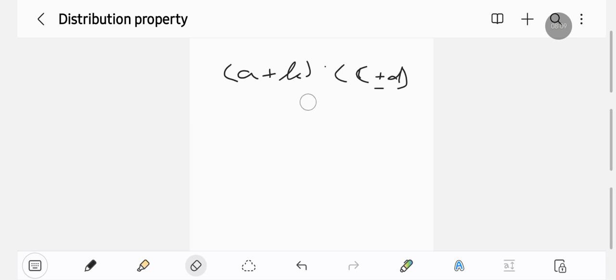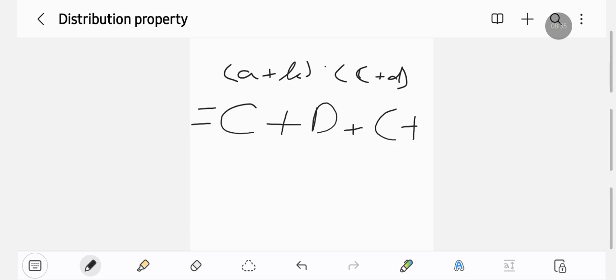Now when you have such c plus d, in this state we know multiplication is just repeated addition, and we know a plus b is representing how many times it should be added, and c plus d is the number that will be added. Of course c plus d makes a number. Now if c plus d makes a number, then we can write c plus d plus c plus d.